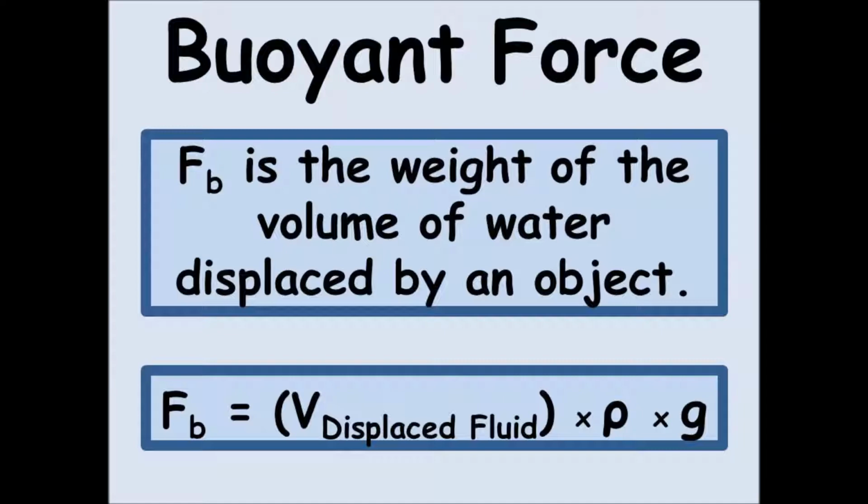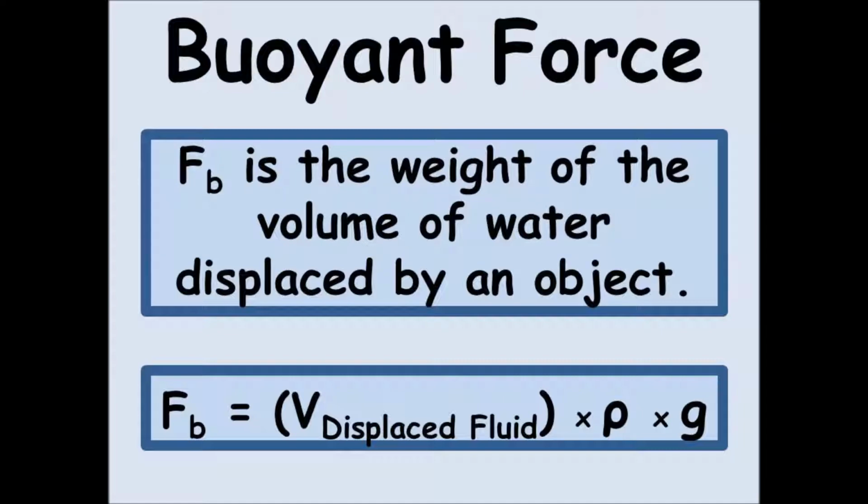I can calculate that by simply saying the volume of displaced fluid times the density of the fluid times g. So, buoyant force equals the volume of fluid displaced times the density of the material times g. Easy.